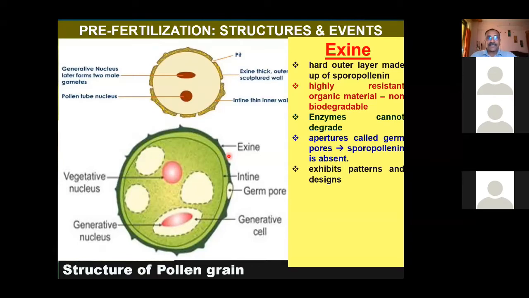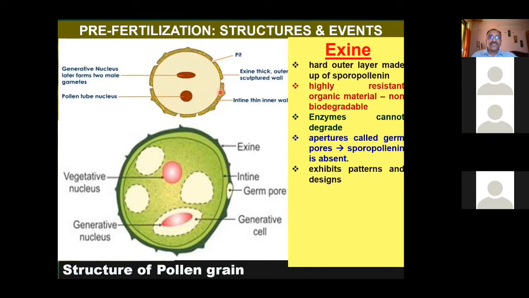The exine is made up of a particular substance called sporopollenin. This outer layer exine is made up of sporopollenin that is very hard in nature, resisting chemicals, enzymes, etc. And so it is non-biodegradable.